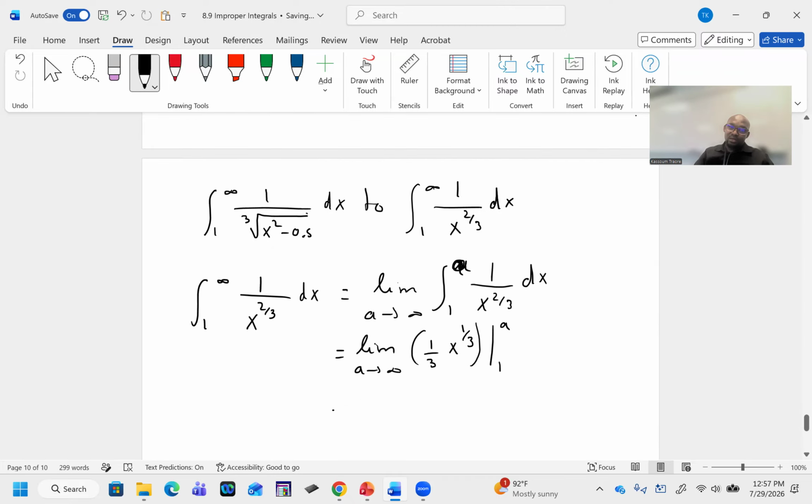And we can take 3 out: a to the power of 1/3 minus 1. As a goes to infinity, this one will give me infinity, which means this diverges, right?